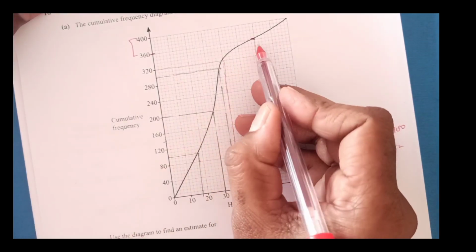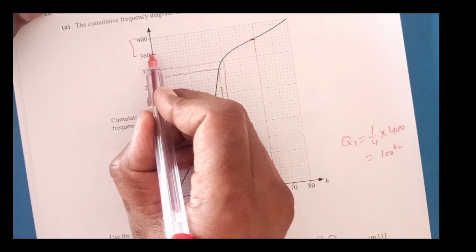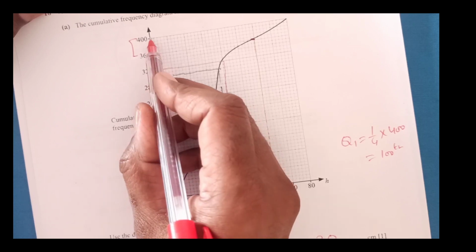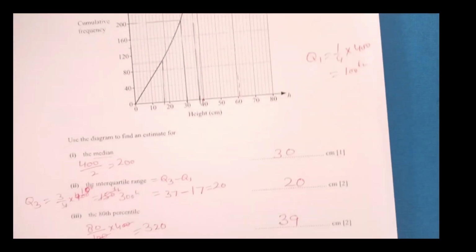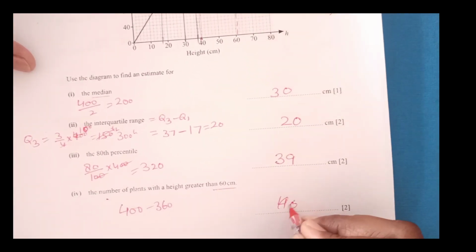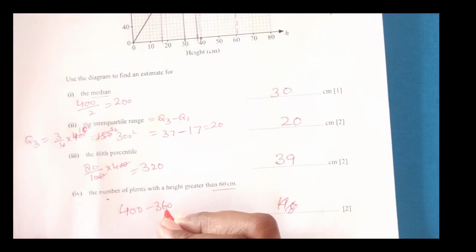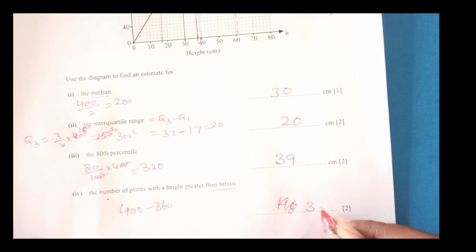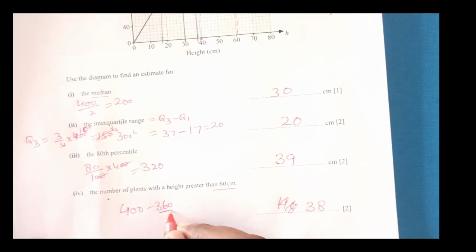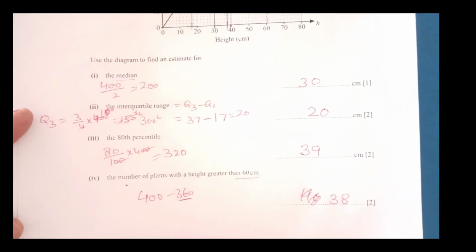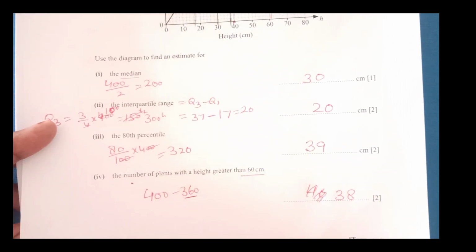This is a little up there, so it can be a little more than that, around 38. This is not exactly 360, but that's fine. It depends how you draw the line there, right?